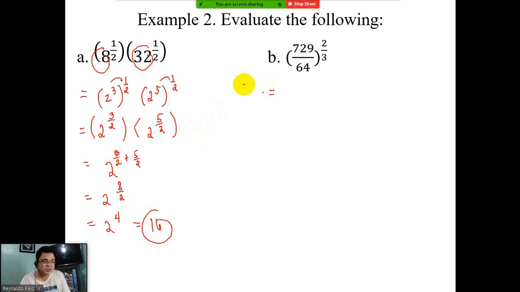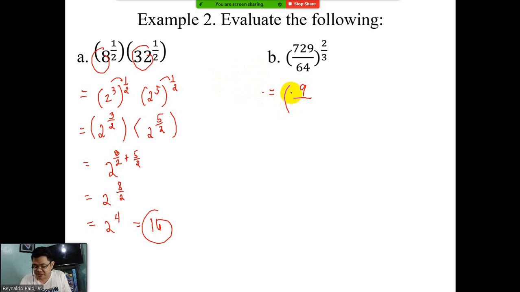First, we get the square root of 729, and it's not simplified yet. Now we can try getting the cube root of 729. So we will be having 9.